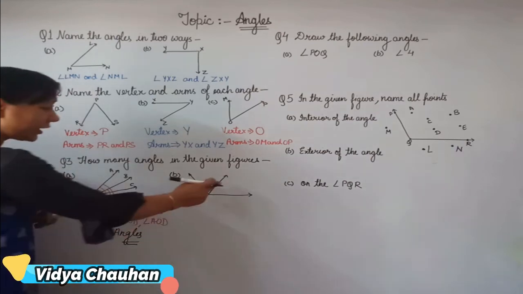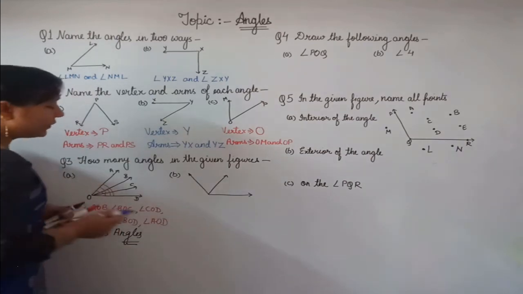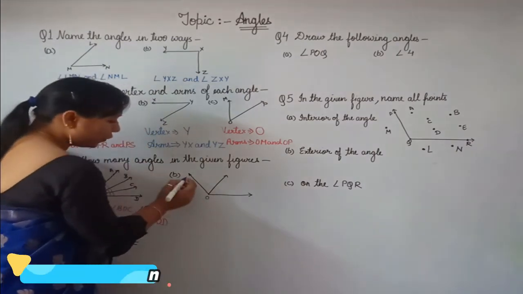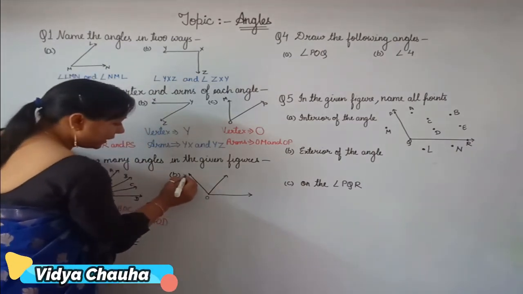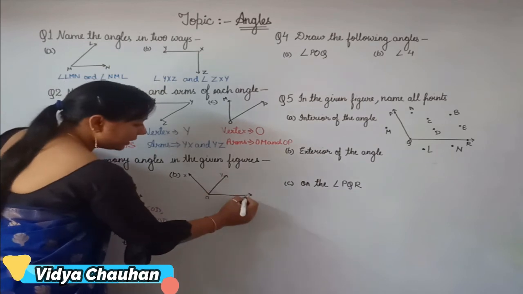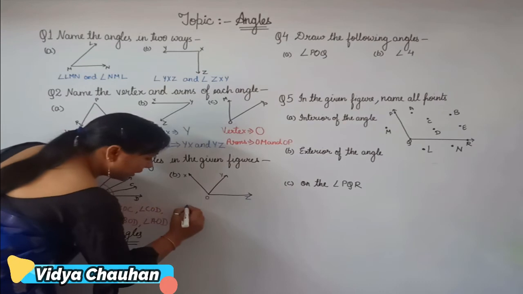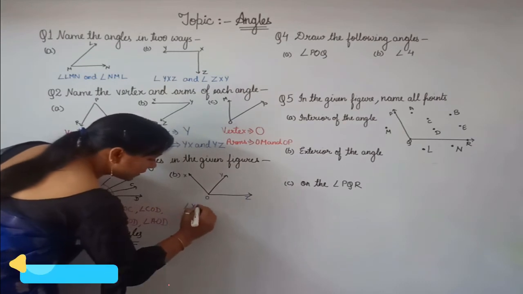Understood? Coming to the second figure, where again I have to name the vertex as O. Here I am writing it as X, Y and Z. Right? So let's write the name of the angles very first.